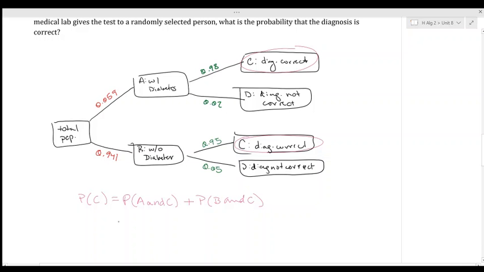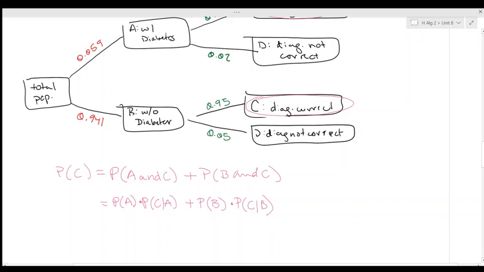All right, so these are conditional probabilities. So the probability that someone has diabetes times the probability that it was diagnosed correctly given they have diabetes, plus the probability of someone not having diabetes times the probability they were diagnosed correctly given they don't have diabetes.